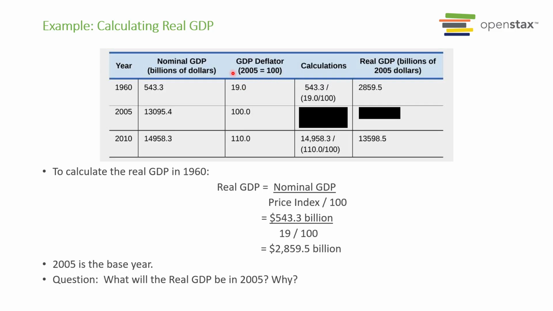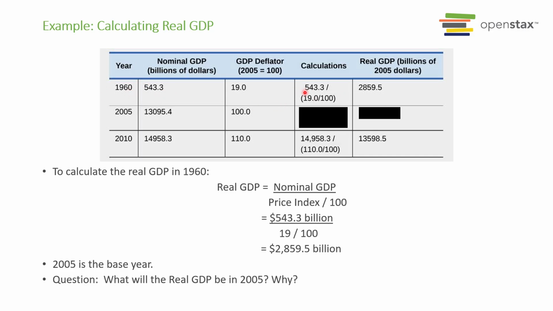All right. So here was the GDP deflator if now we're choosing 2005 to be the base year. And you can see here that these values differ. But the one thing for sure is in 2005, we always set that equal to 100. All right. Again, this is just an index which illustrates the average price level in that period of time. All right. And so using that earlier formula, what is real GDP in 1960?